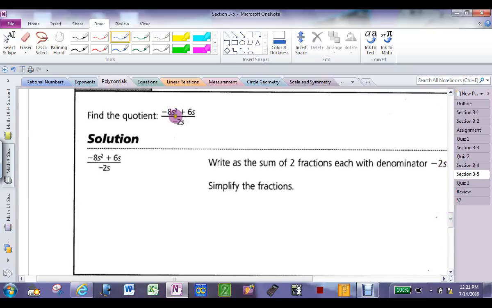Perfect. Okay. On this question up here in the white space, I want you to cross out that S in the denominator and do this question like we did in the last section. What's the answer going to be? I don't care how you do it. You can write it any way you want. Four S squared minus 3S.